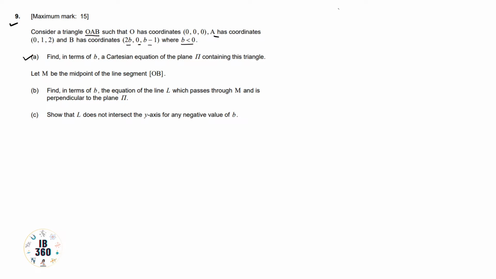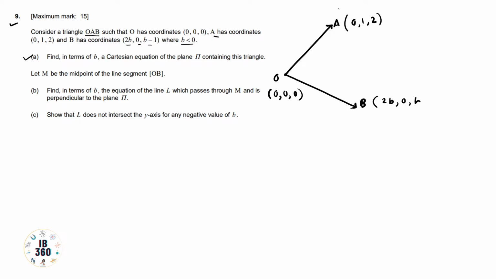If you just see the triangle properties, then OA and here we have B. So the coordinates for O are 0, 0, 0, for A are 0, 1, 2, and for B it is 2b, 0, b minus 1.